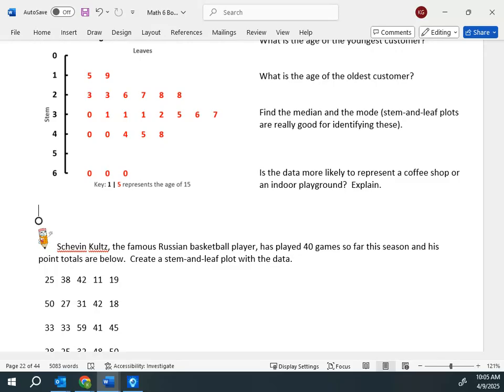Coffee shop might have some little kids that come in with their parents. On this particular moment in time, there wasn't any. James? I don't think that little kids need any coffee. It doesn't matter if they need the coffee or not, because coffee shops sell things that aren't coffee. They have non-caffeinated stuff.